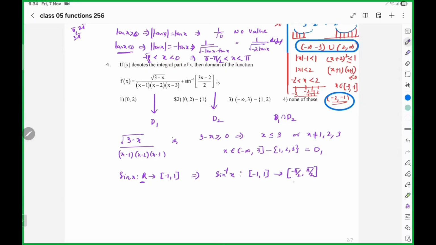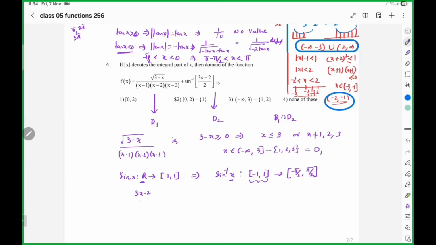To have a bijection, the range must be this. We are not concerned about the range right now. We are interested in the domain. This x must lie between minus 1 and 1.